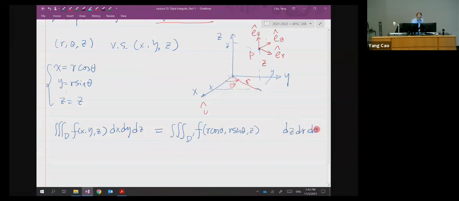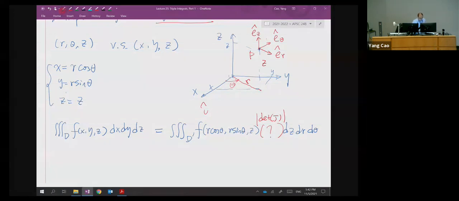However, as you recall, over here there needs to be a scaling factor. And this scaling factor is given by the absolute value of the determinant of the Jacobian.